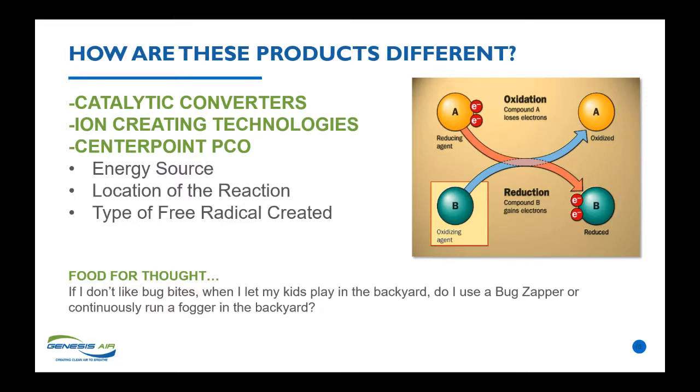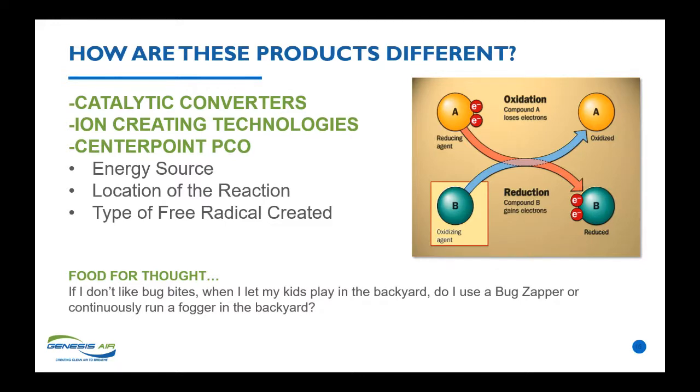Or do I use a bug zapper where I control where the reaction is? So the difference between CENTERPOINT PCO and ionizers is the difference between a fogger and a bug zapper. One has a controlled reaction in a known location. The other fills the space with the fog, and the reaction is totally random.